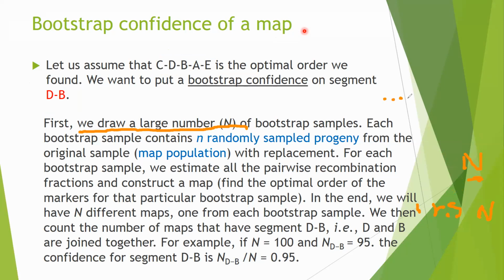Suppose we have this many progeny from this backcross. This is the n. Now we can do the resampling, the same n, but this is for sampling 1. We can generate the same size n from this original. Any questions here? So this is the resampling, right?